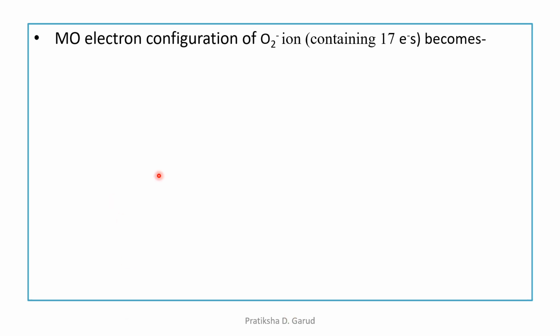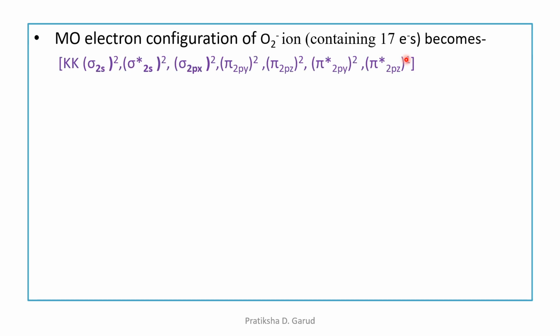So the MO electronic configuration of the O2 minus ion containing 17 electrons is KK for the 1s shell, sigma 2s2, sigma asterisk 2s2, sigma 2px2, pi 2py2, pi 2pz2, and as one electron is added in the pi asterisk 2py, it becomes pi asterisk 2py2, and the remaining pi asterisk 2pz1. So this is the MO electronic configuration.